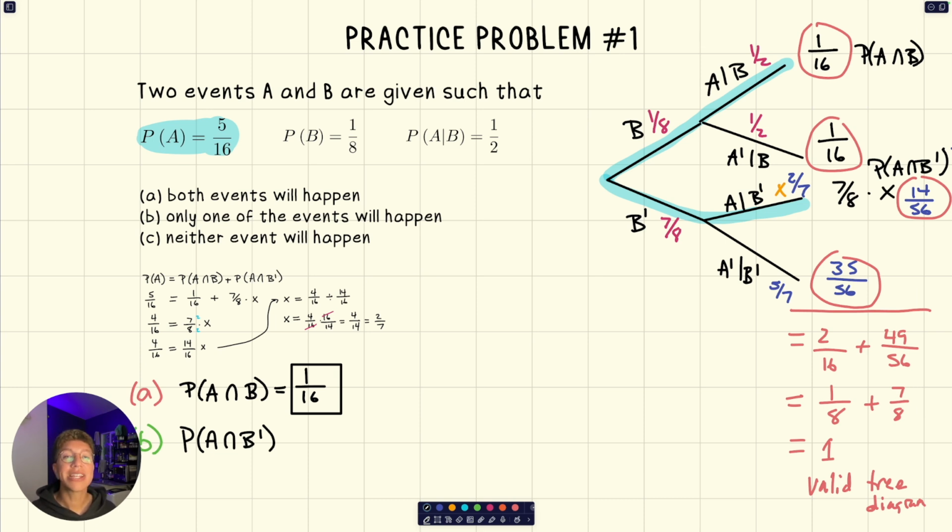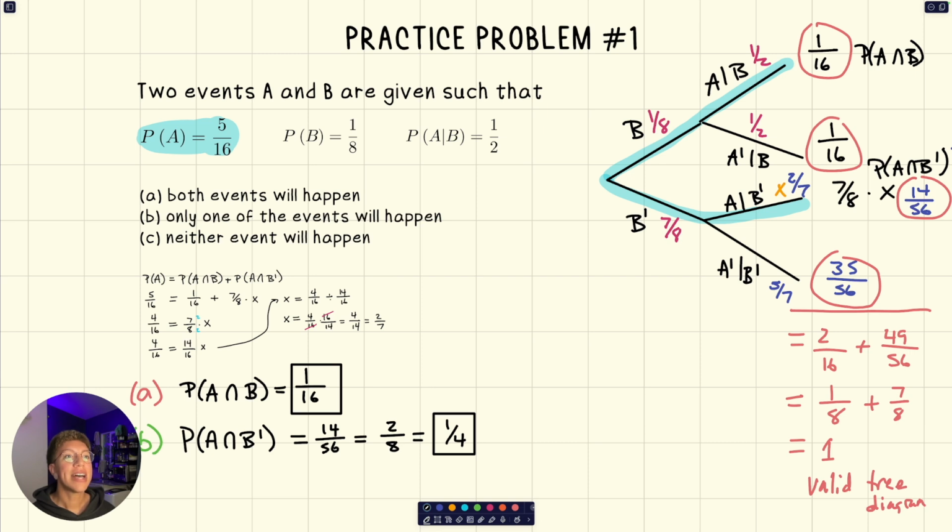The probability of A intersection B not, we can see very clearly, is given by that third branch which we solved for earlier, and that ended up being 14 over 56, or if we simplify that, we divide the top and bottom by 7, we get 2 over 8, or 1 over 4. Again, very quick, because we did all that pre-work.